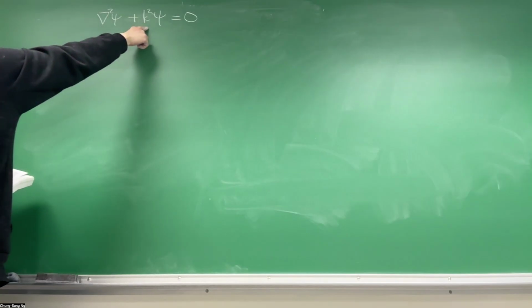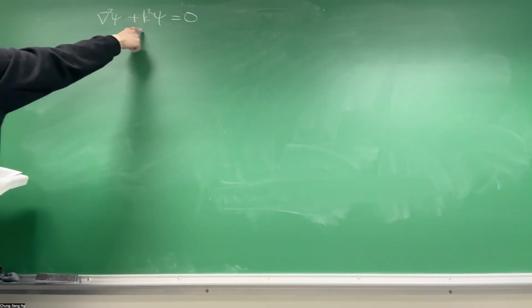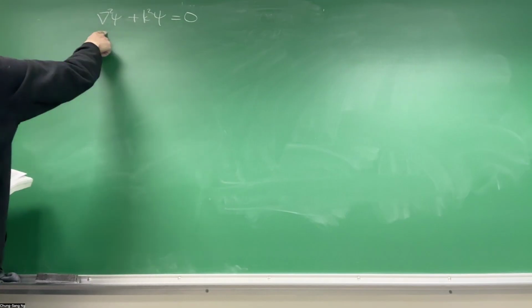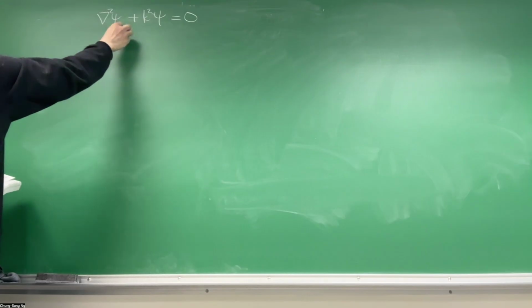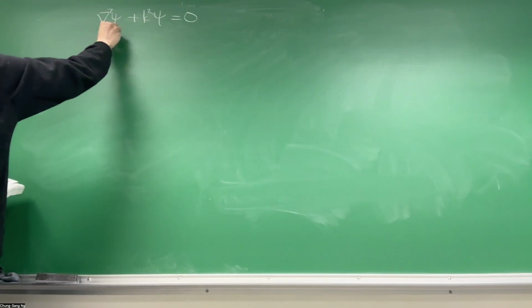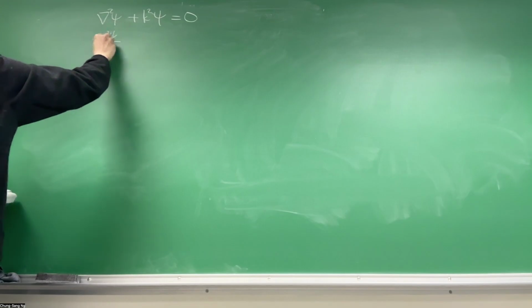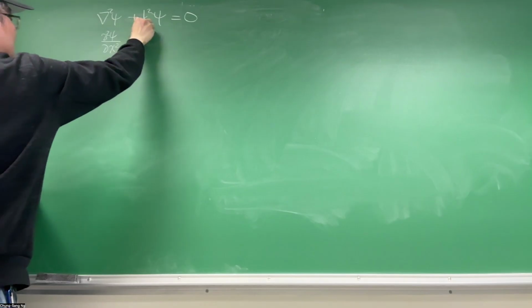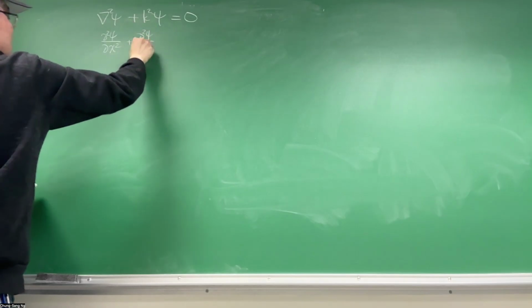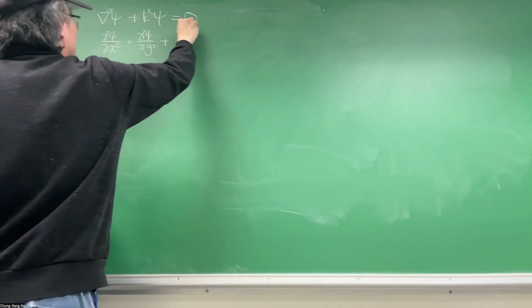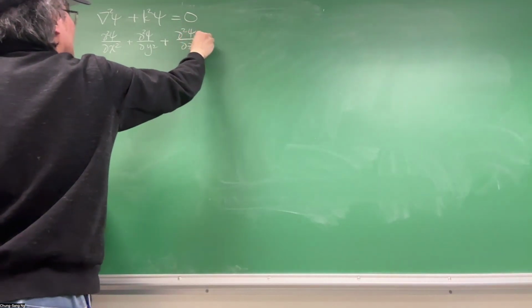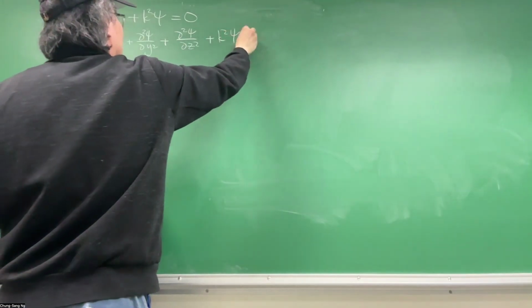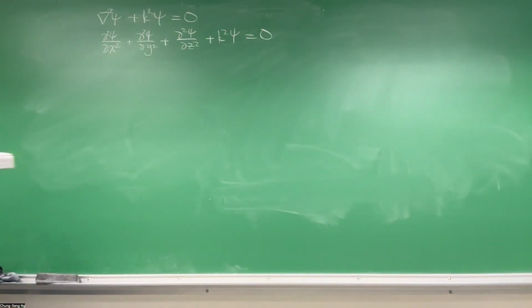The k is a real positive parameter. In Cartesian coordinates, the Laplacian is straightforward: partial squared psi, partial x squared, plus partial squared psi, partial y squared, plus partial squared psi, partial z squared, and then finally you have this k squared psi term equals 0.